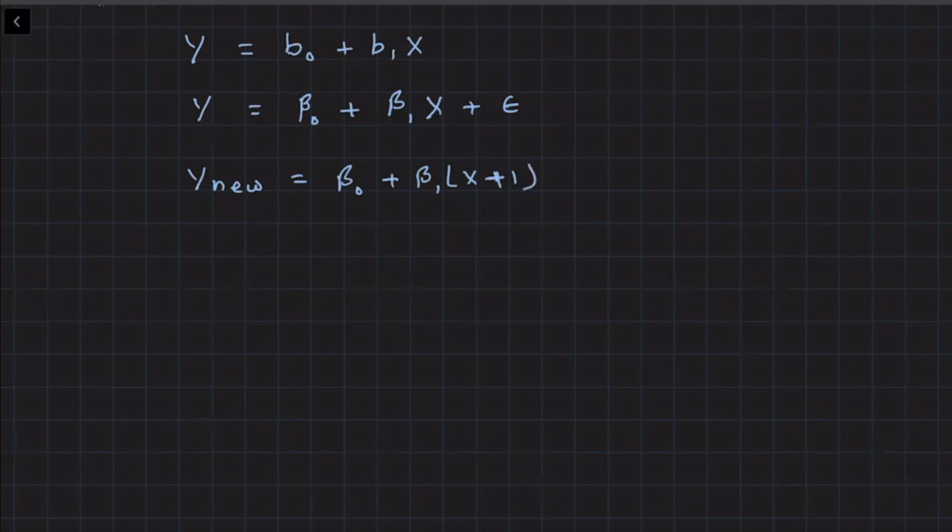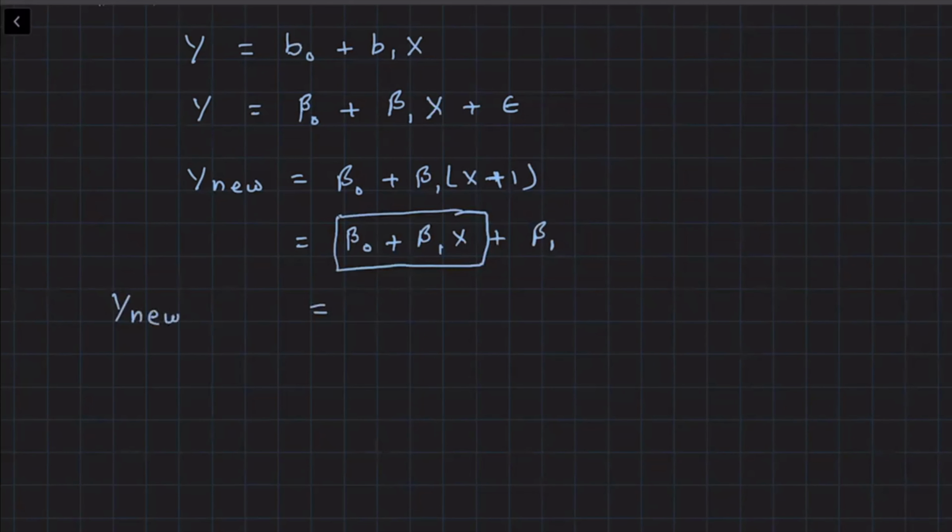So this is what we'll get: beta 0 plus beta 1 x plus beta 1, and this part is nothing but y. Essentially you have y new minus y equals beta 1. When we are increasing x by 1 unit, your y is changing by beta 1.